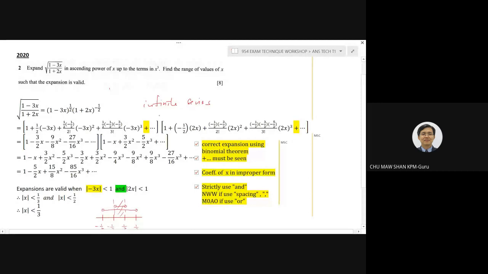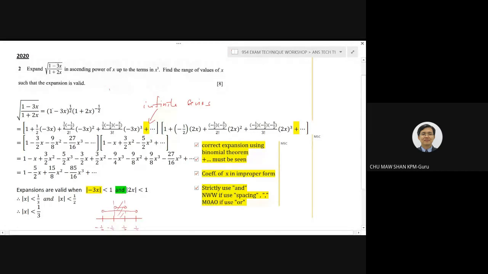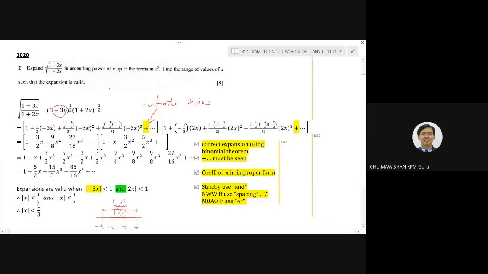So infinite series must be indicated by these plus ellipses. So both the series are infinite. Okay, secondly, I always encourage students, you must take the whole thing here, not take the 3x in our calculation. Put inside the power. Not just take the 3x. You will get wrong.